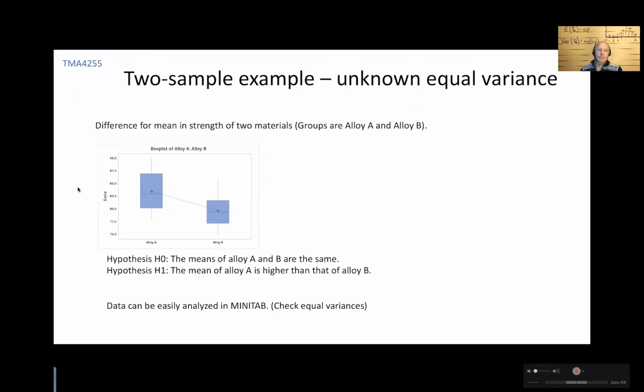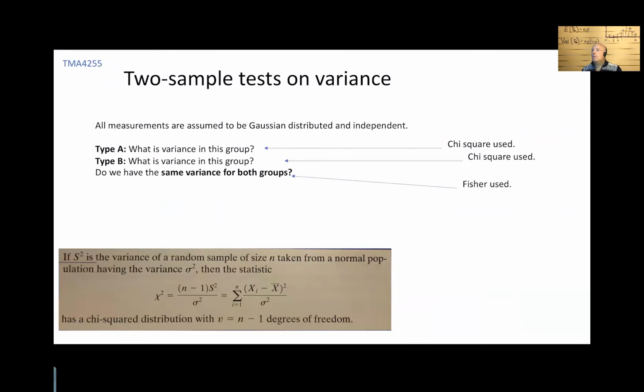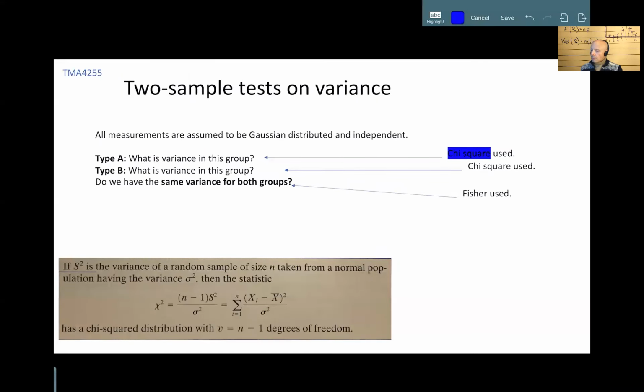Okay, so that was something around the t-test and the normal test. We can go on to do tests on the variance parameters, and this means our sigma 1 and sigma 2. If we just have one group, say group A, and we want to do some inference on the variance parameter, we use a chi-square distribution.